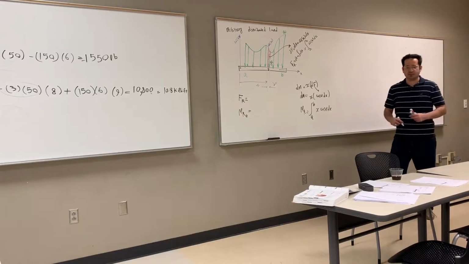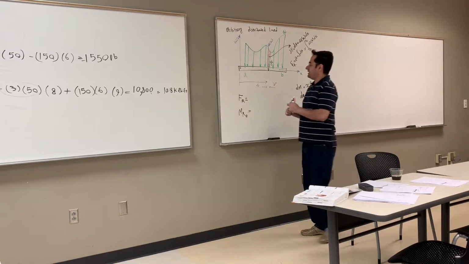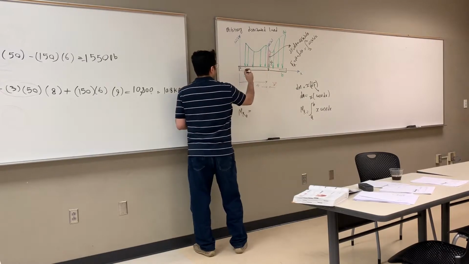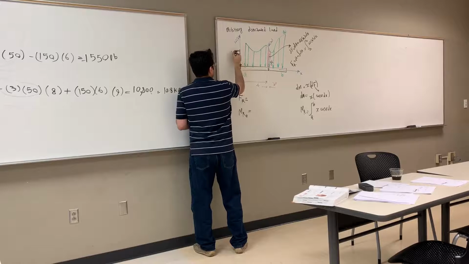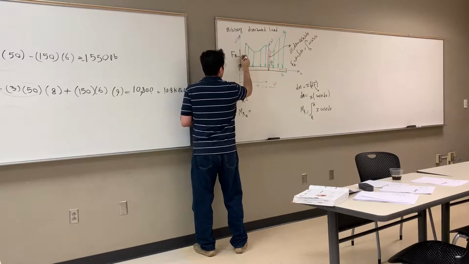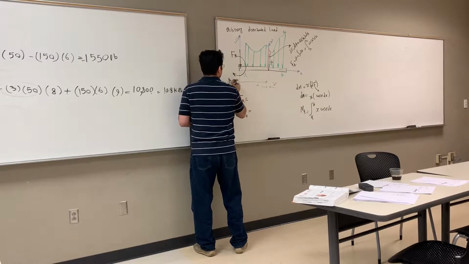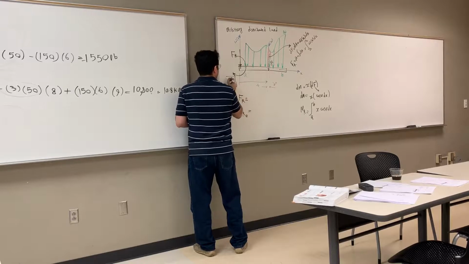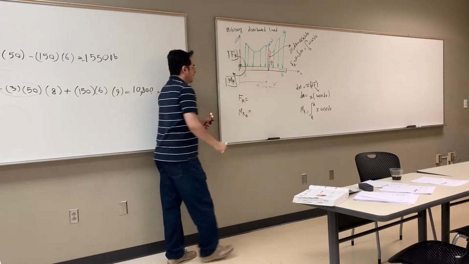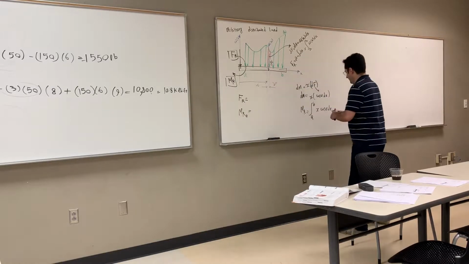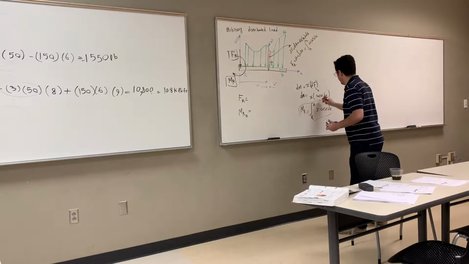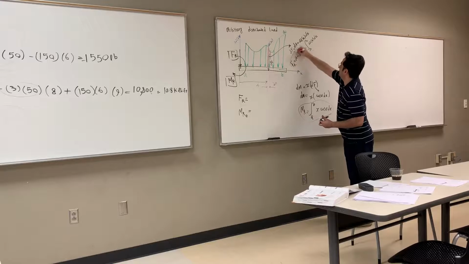You see that? Now, at this point, I replace this with the resultant force, Fr, and the resultant moment, Mr. Right? And I found the expressions, let me highlight this. This is Mr, the expression for the resultant moment, and the expression for the resultant force.